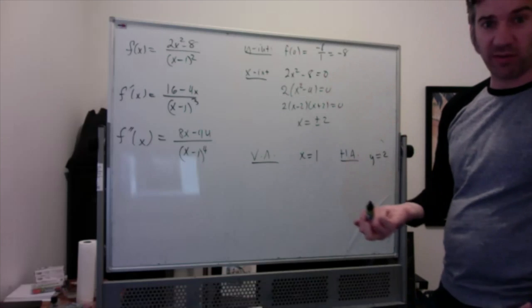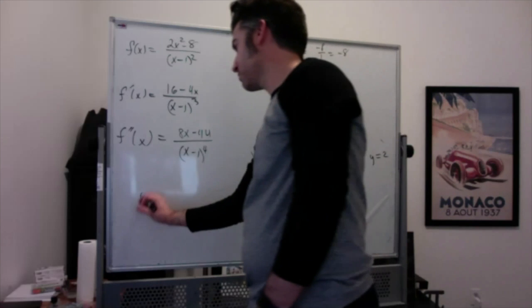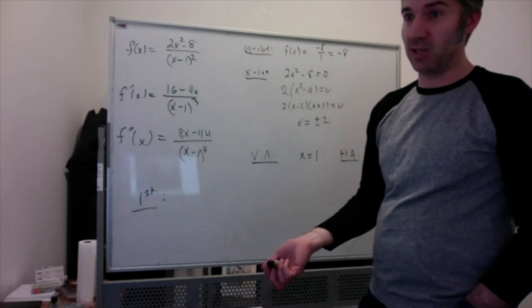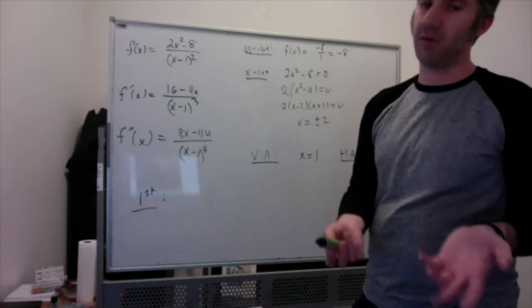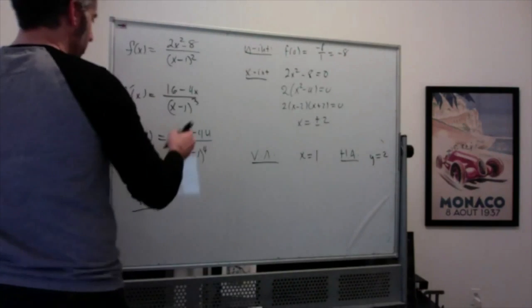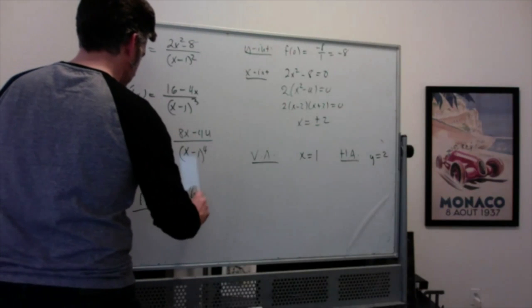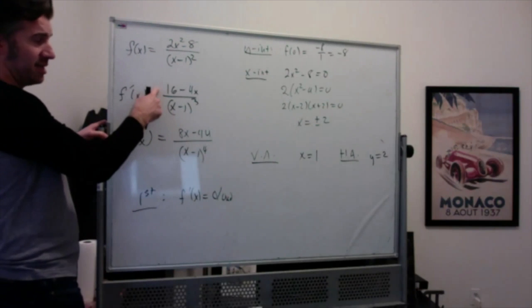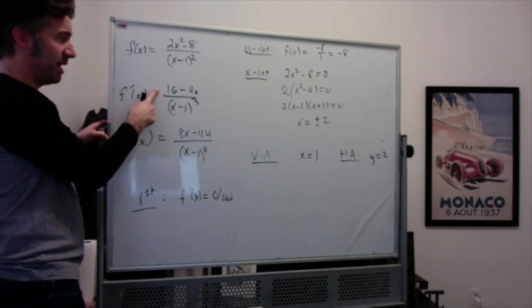Let's look at the first derivative stuff. Really, when I say first derivative stuff, I mean make a sign chart. I should really say we should find the critical values first. So the critical values, if I set the derivative equal to 0 or undefined, let's see, setting it equal to 0 means the top has to be 0, which means x is 4.